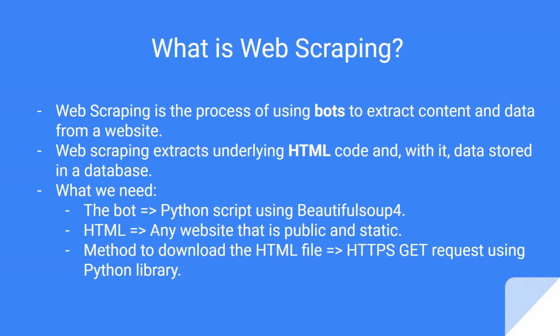The way we're gonna get it is with a simple library called requests. I don't think it's a standard library, but you can download it easily, like Beautiful Soup. Using that library, we're gonna download the HTML file, convert it into Python objects, and analyze data from there.